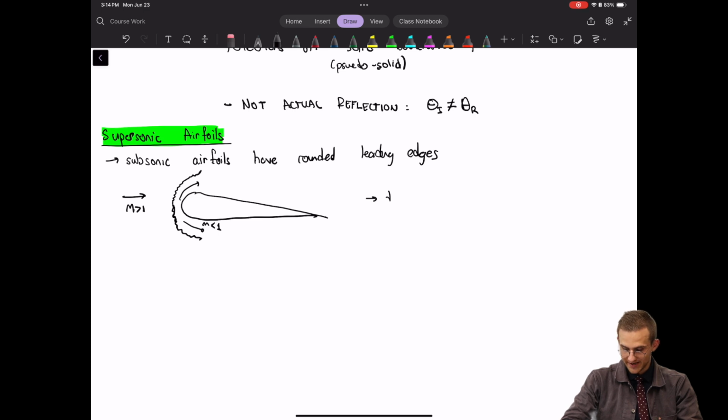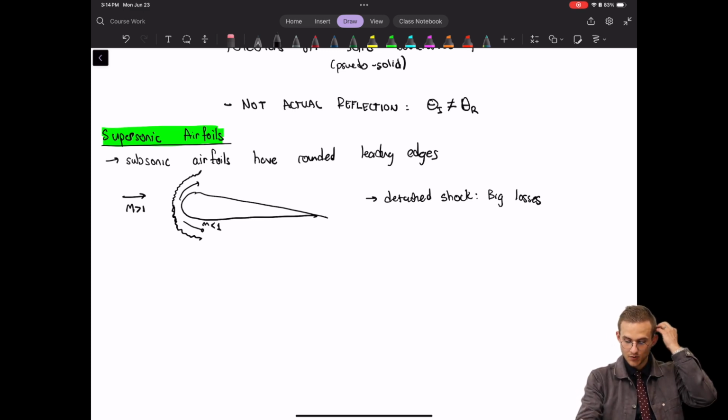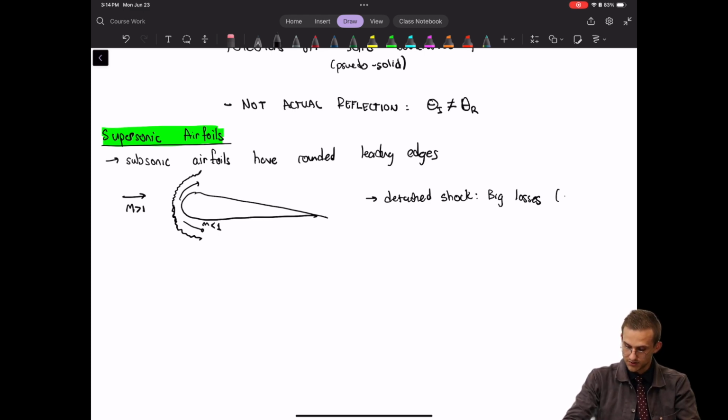So detached shock corresponds to big losses, and that's because since the shock is approximately normal directly upstream of the airfoil, it's a very strong shock. And strong shocks result in larger losses.